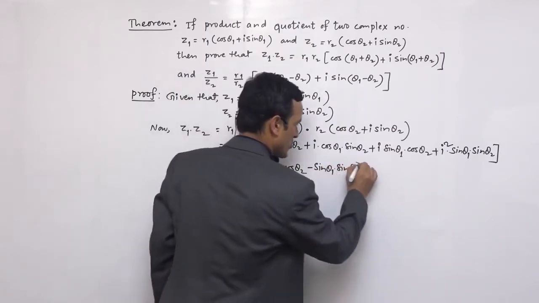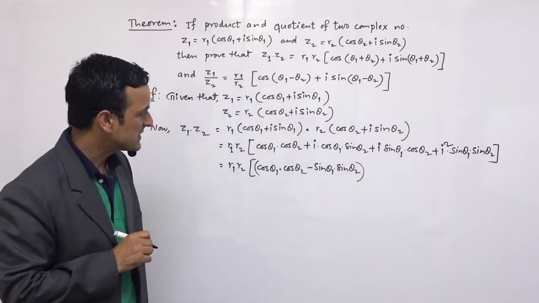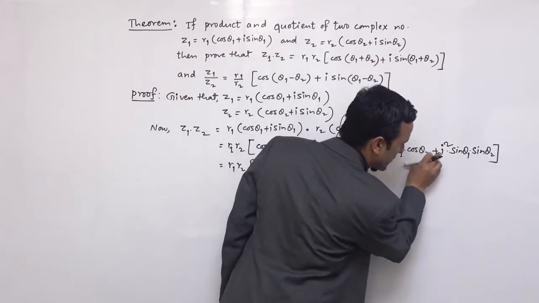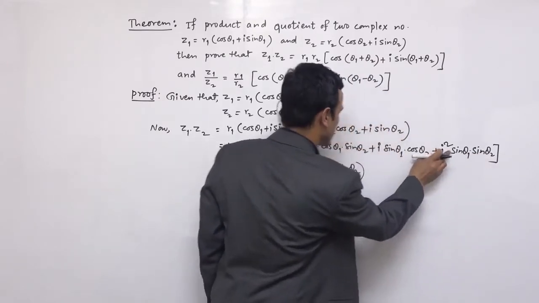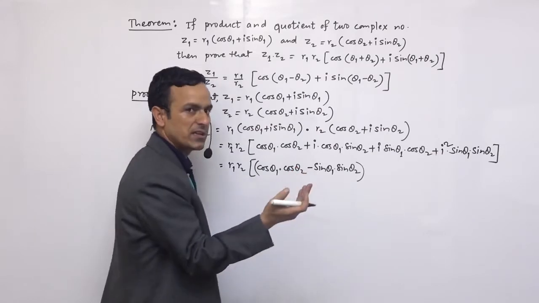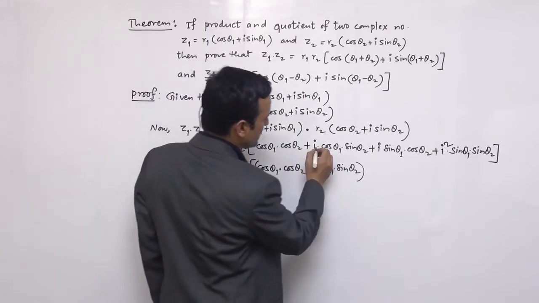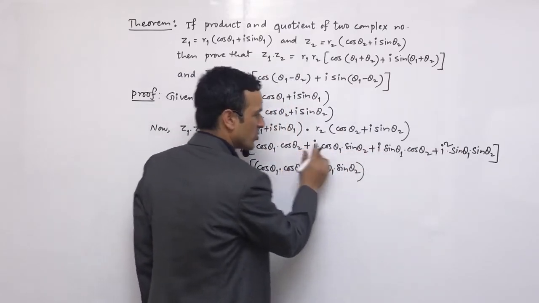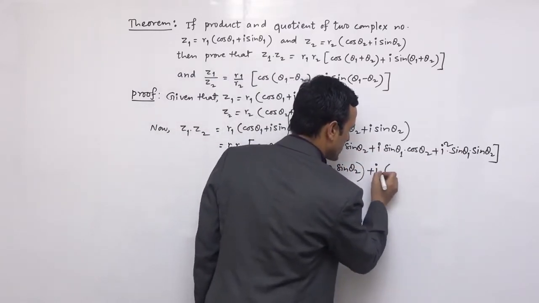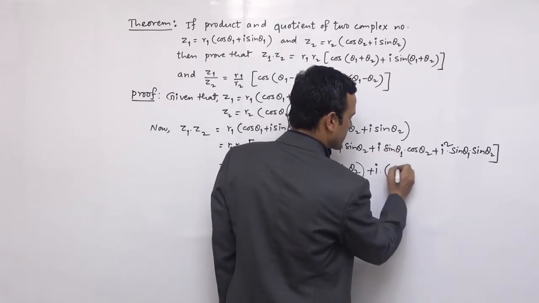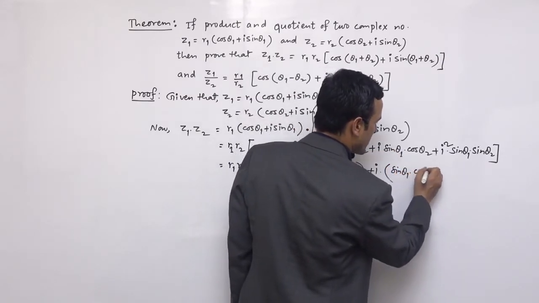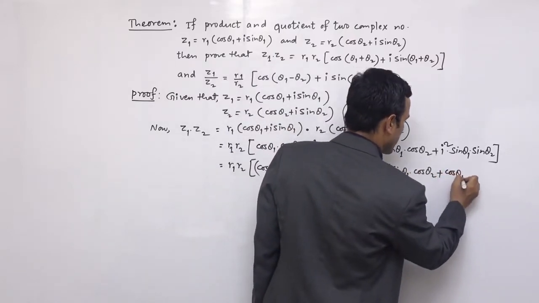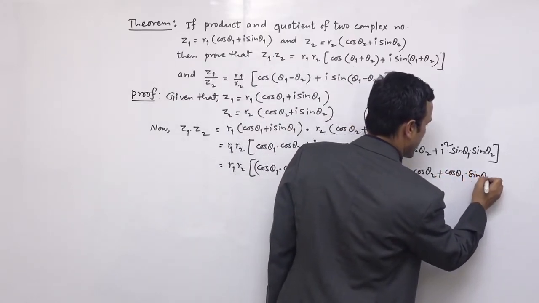So let's put together inside the bracket from this term and this term. So we can use formula in this place. i square means minus 1. So it became minus. So from these two terms, this and this, here is also i, here is also i. So put i common. So if you take i common, then sin theta 1 cos theta 2 plus cos theta 1 sin theta 2.